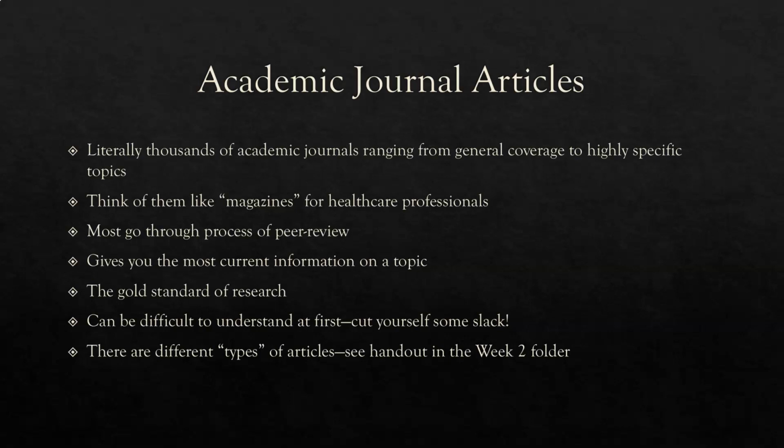And that panel or that board of experts has to read what's submitted as an article, and they have to agree that the information that's being presented is accurate, that the information that's being presented is reliable, and if any experiments or anything were done, that those experiments followed a proper process.